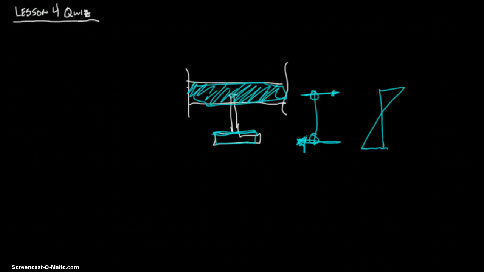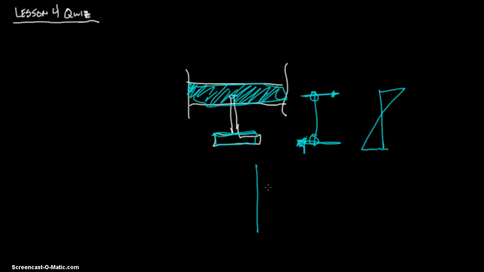Because your top flange is so wide, usually it'll push. You'll use more of this steel, and your stress distribution will look like this, and it'll be bigger at the bottom because you have a greater width. This is in PSI or KSI. It'll make this be smaller, and it will force your neutral axis up further.